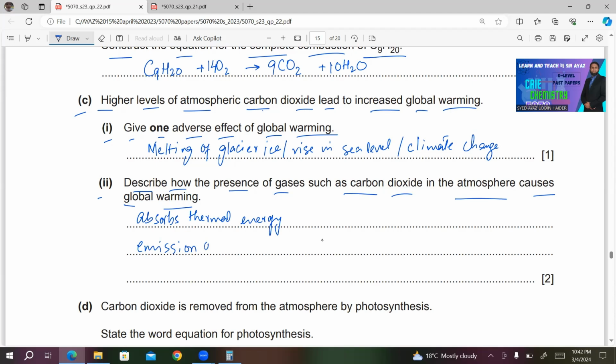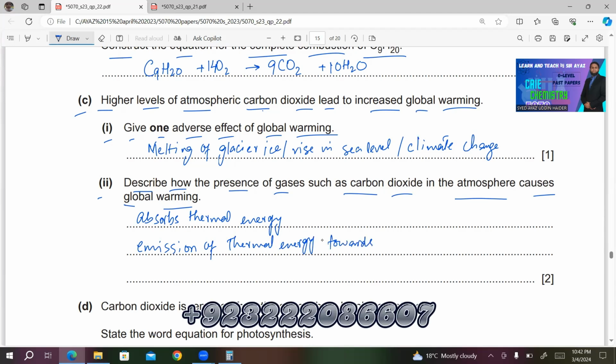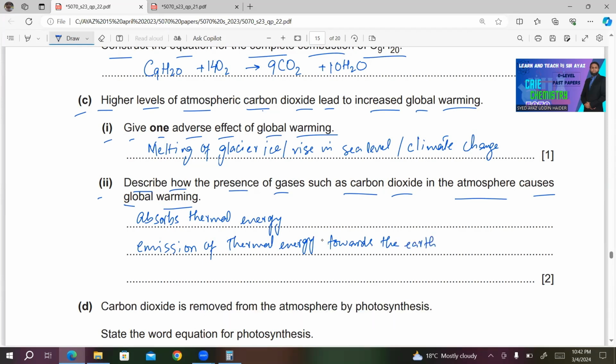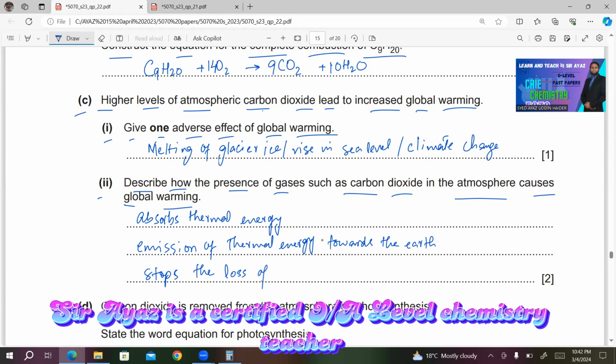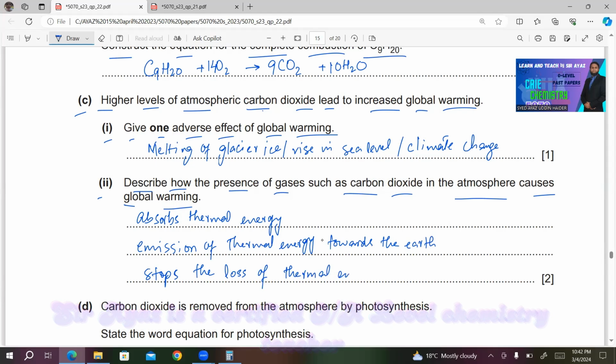Emission of thermal energy towards the earth. In this way, it prevents the loss of thermal energy into space.